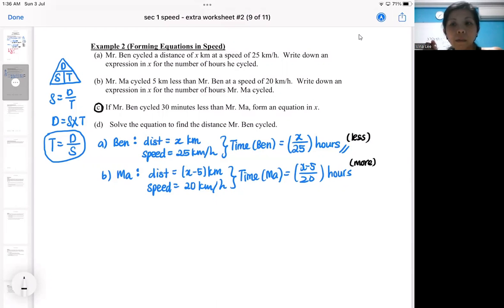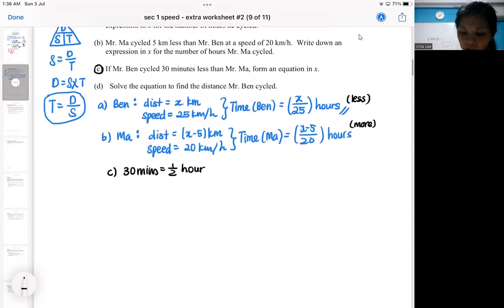So despite Mr. Ma cycling a shorter distance, maybe because his speed is also very slow, he takes a longer time. So the time difference is actually 30 minutes. But again, be mindful of the units. 30 minutes is half an hour. So remember to convert before you compare the time.